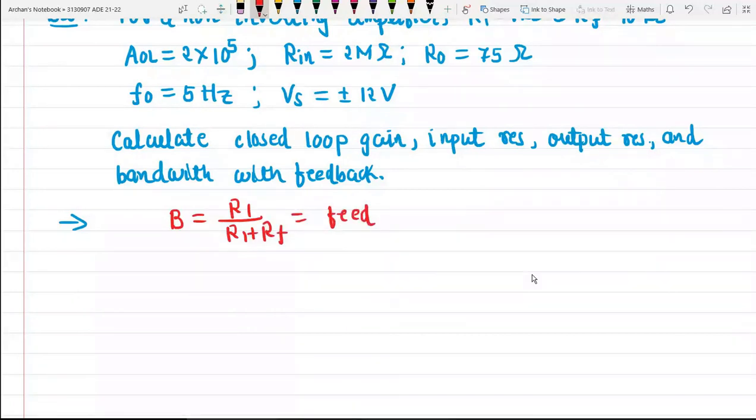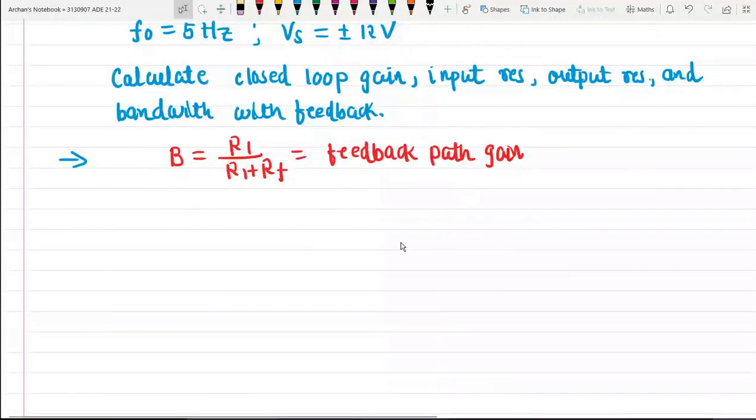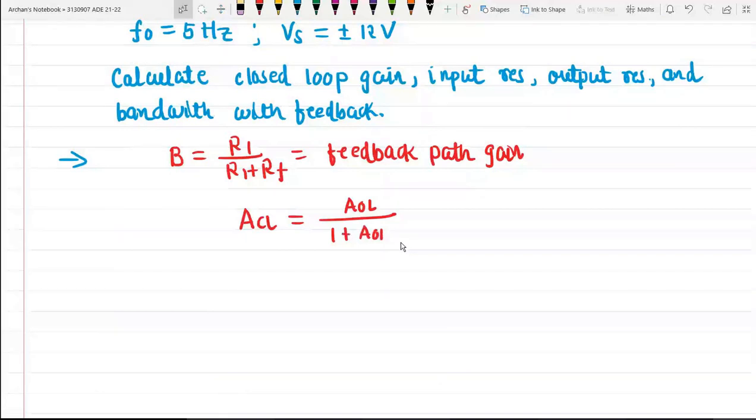Then the closed loop gain is given by AOL divided by 1 plus AOL times B. The input resistance with feedback is 1 plus AOLB times Rin.